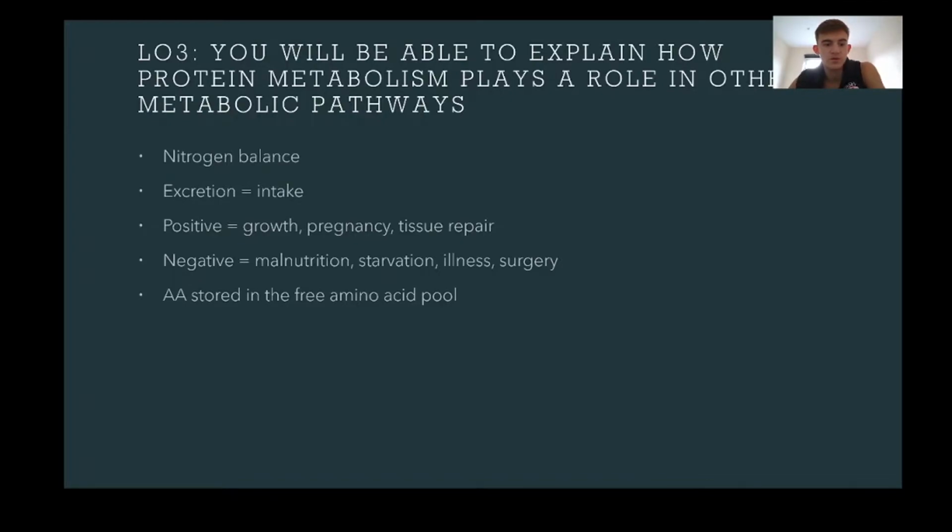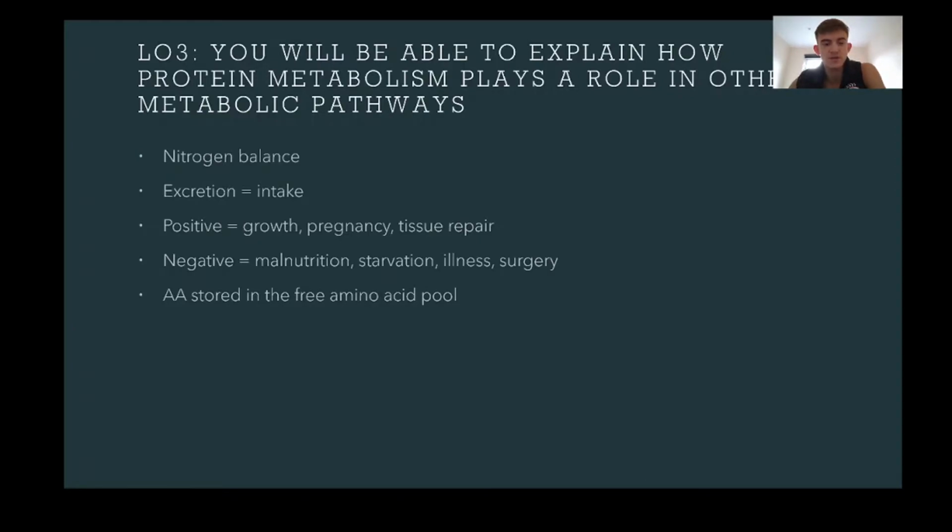Some of us can be in positive nitrogen balance, so if we have more nitrogen than we excrete, such as in growth, when we're growing, and that's caused by growth hormone, and we'll talk about that in future lectures. Also pregnancy and tissue repair, because obviously we need to supply our body with that extra nitrogen that we've lost. And also negative, that can be malnutrition, starvation, illness, or following surgery.